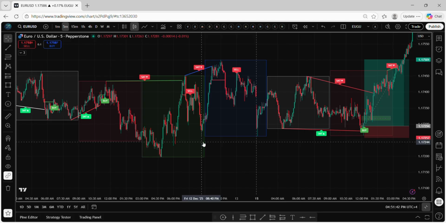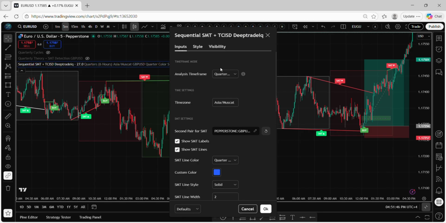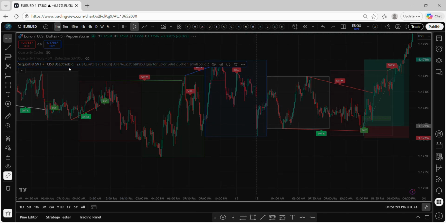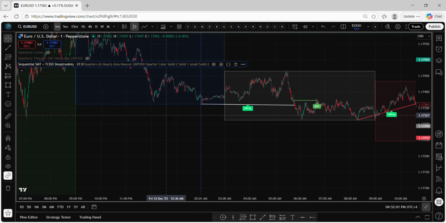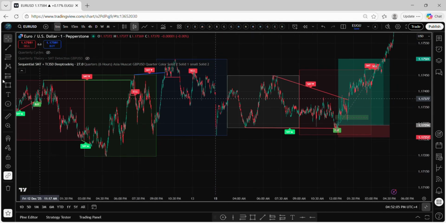So when we apply a setting like quarters, we will assume that we are working on at least a 5-minute time frame, or 15-minute. Keeping quarters, you can change to any time frame like M1, M5, depending upon your scenario, your settings, or how you want to trade.